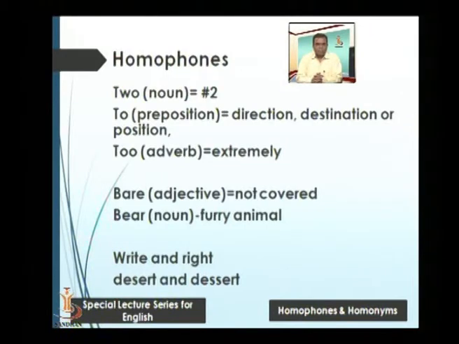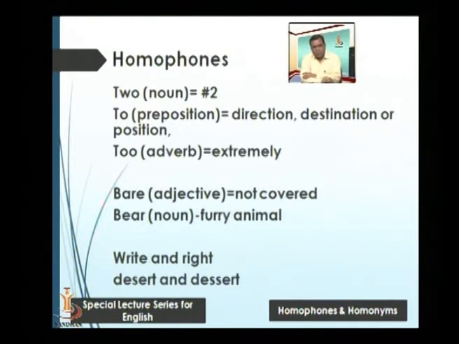And the third one, T-W-O, is used in the sense of two, more than one, but not more than 1 plus 1, meaning 2. It's a number. So three words are taken in the trio: to, two, and too.